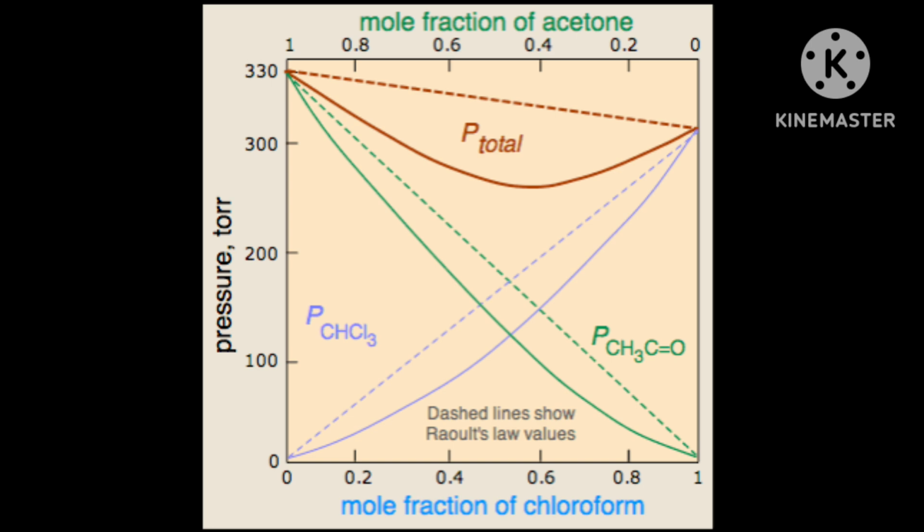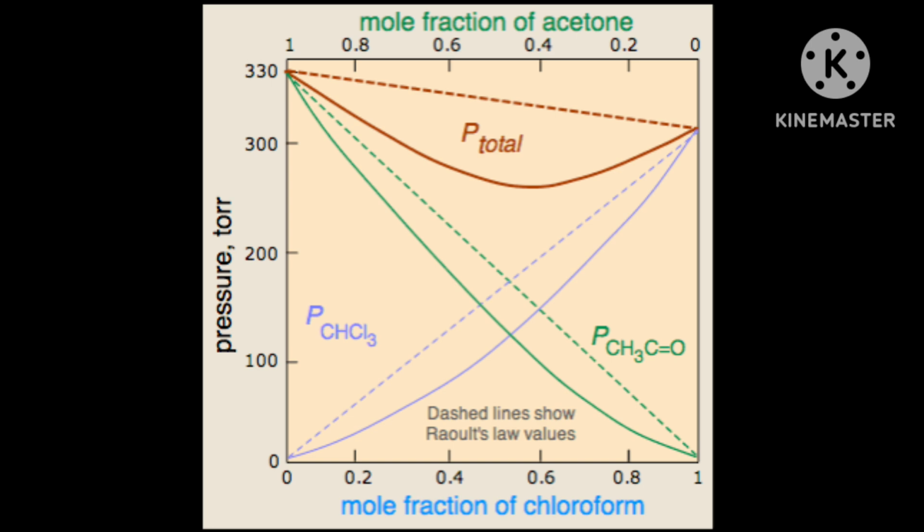Means in ideal solution all forces are equal: AA interaction, BB interaction, and AB interaction. A and B can also interact. In this case, in ideal solution, all interactions should be the same. Then that solution is called ideal solution. Okay.